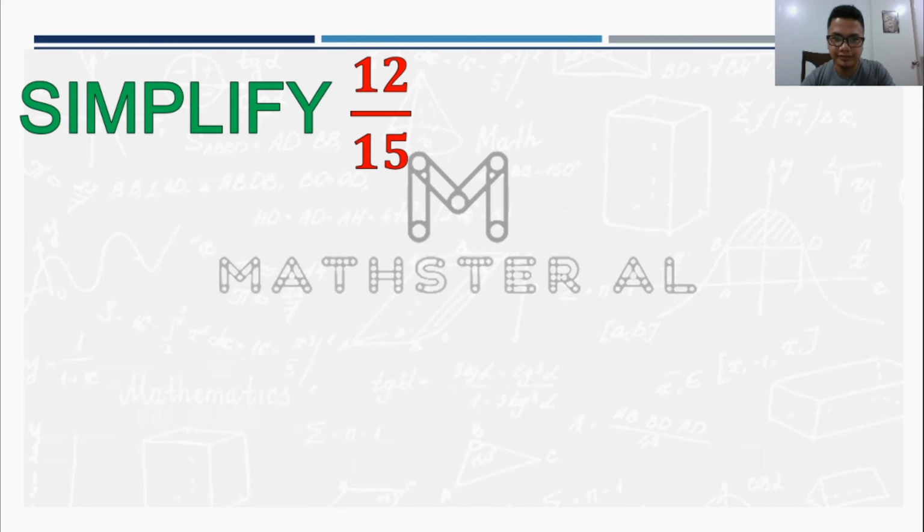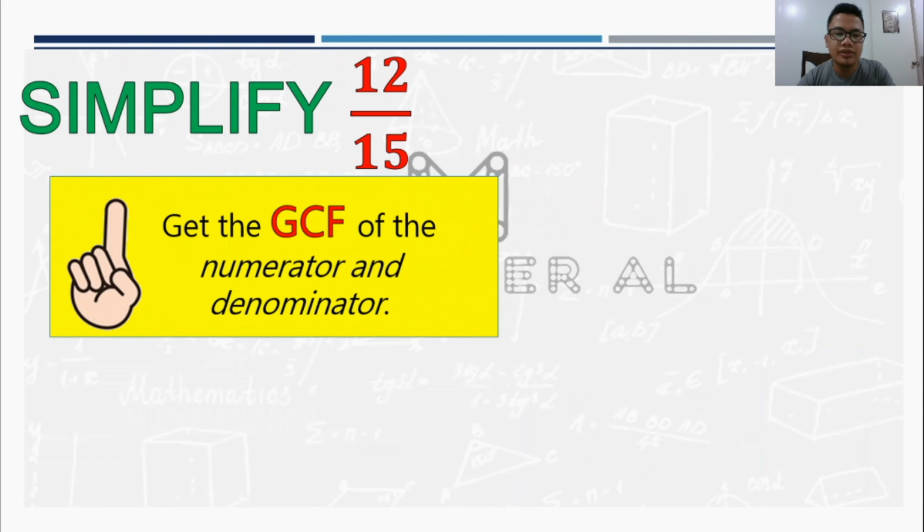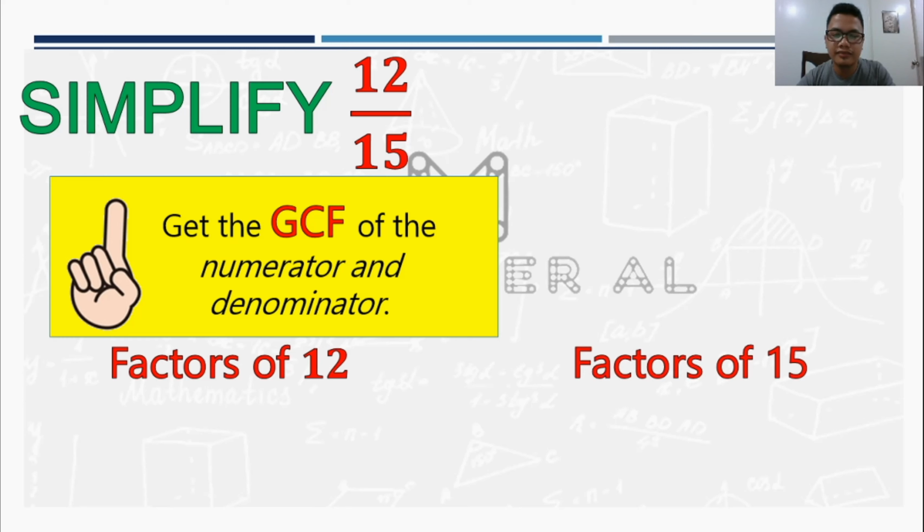Okay, let's move. Simplify 12 over 15. So in there, we have to get the GCF again. To start with, factors of 12 and factors of 15. I'll give you 10 seconds to think of the factors of both numbers. 10, 9, 8, 7, 6, 5, 4, 3, 2, 1.